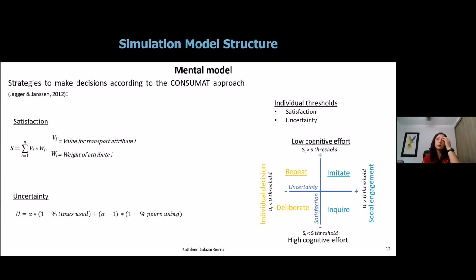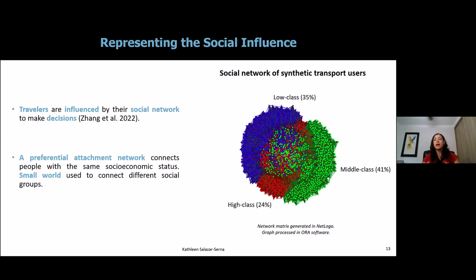For those going to gather information with their peers in the social network, we implemented then a social network in the model to connect people. And we use the preferential attachment network that connects people in the same socioeconomic class with a higher probability.